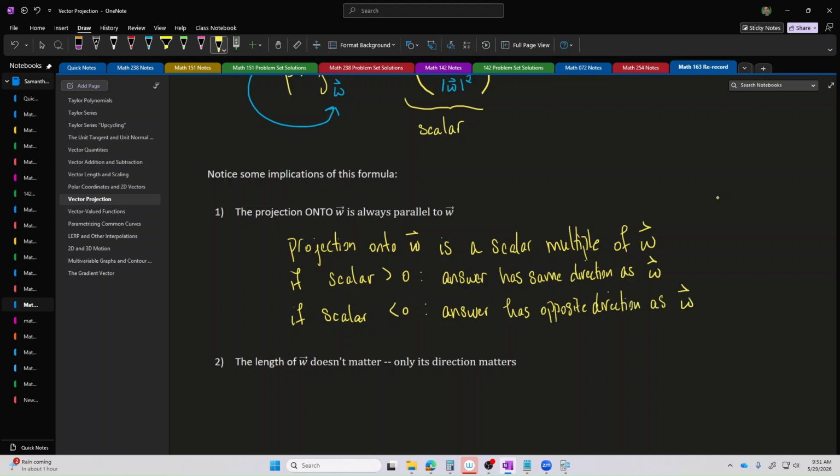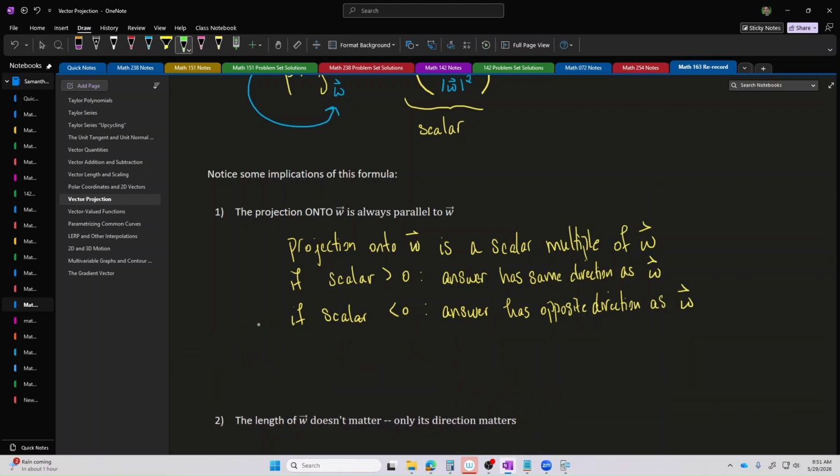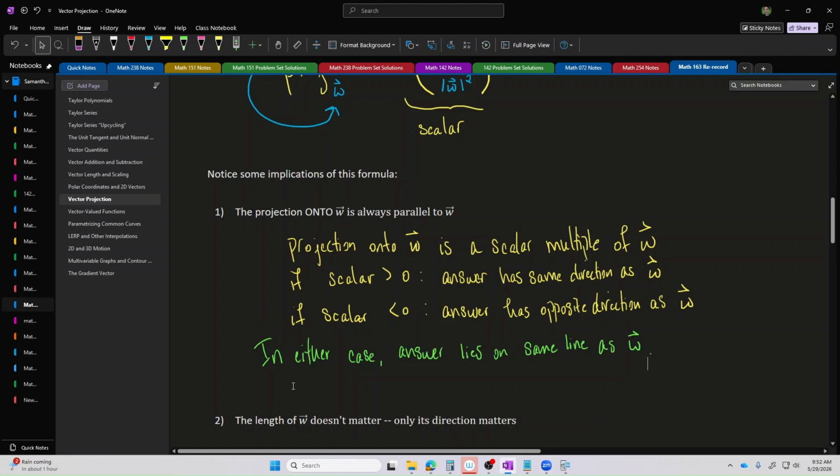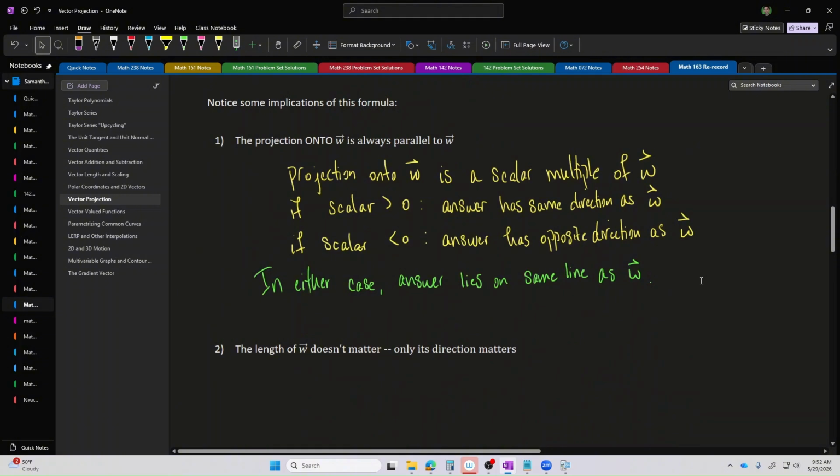But in either case, the answer is going to be parallel to w. The answer will lie on the same line as w. So that's the first thing to keep in mind. If you're projecting onto the vector w, the result is always going to lie on the same line as w.